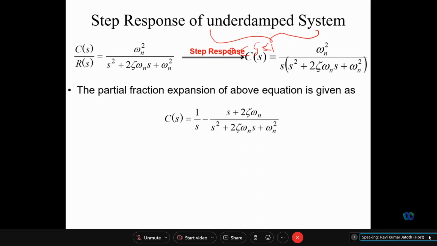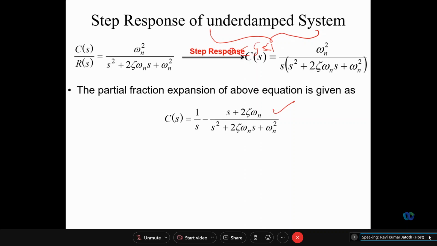You can write this as A by s plus (Bs plus C) by s square plus 2 zeta omega n s plus omega n square, and if you find the partial fractions, you are going to get an expression like this.